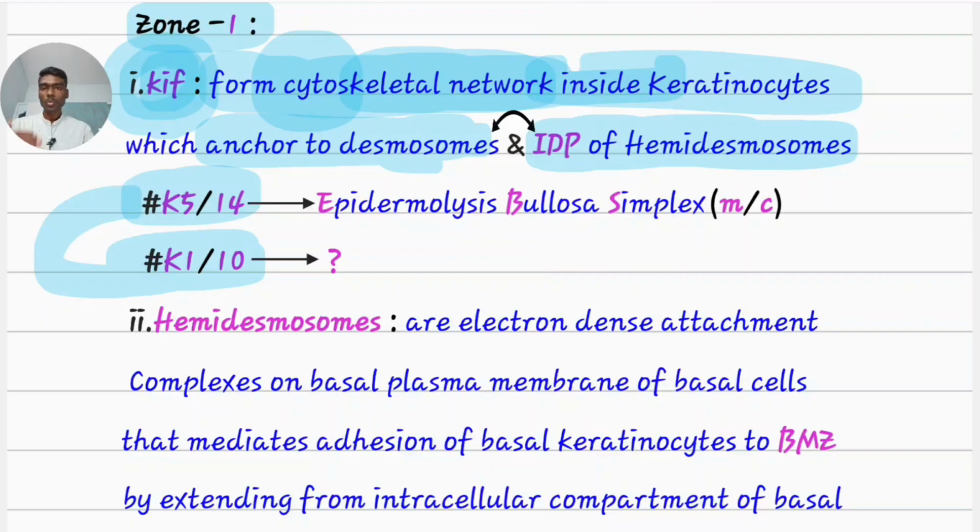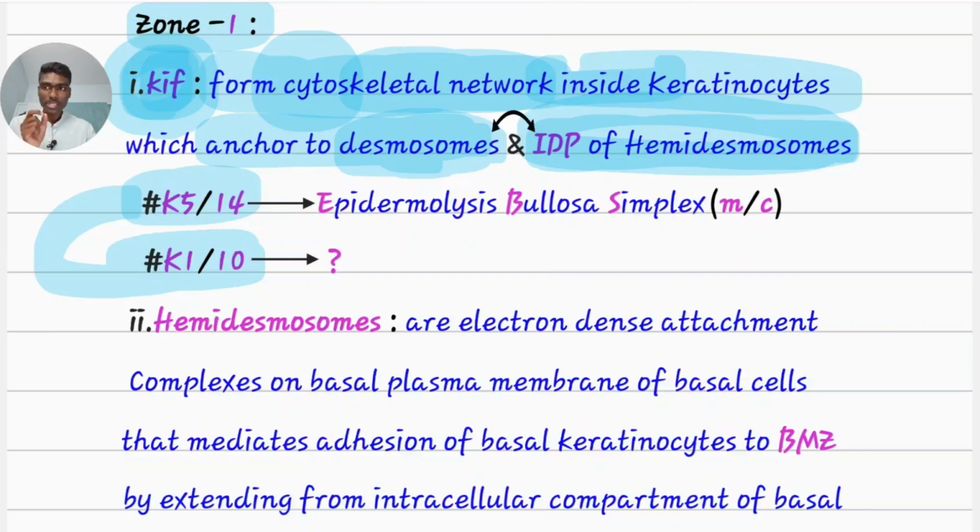So only in basal cell, these keratin intermediate filaments anchor desmosomes with hemidesmosomes. Hemidesmosomes in turn connect to basement membrane, ultimately connecting the basal layer of epidermis and dermo-epidermal junction.